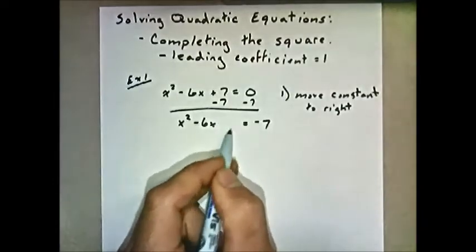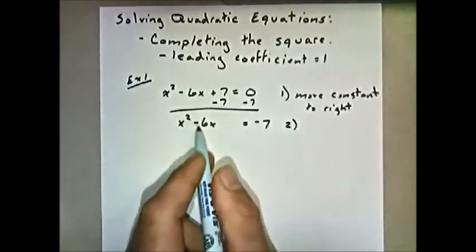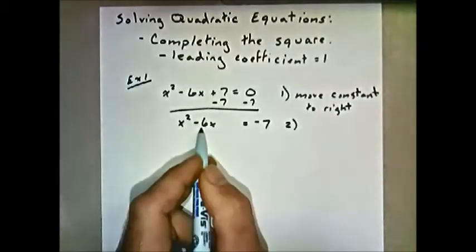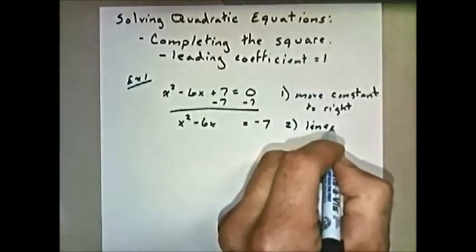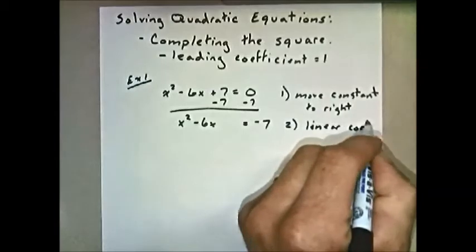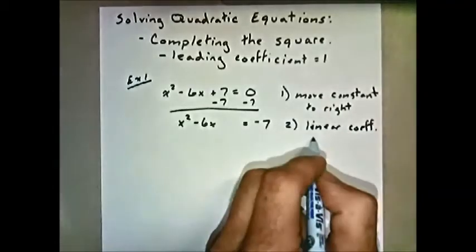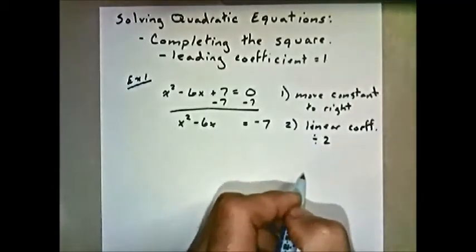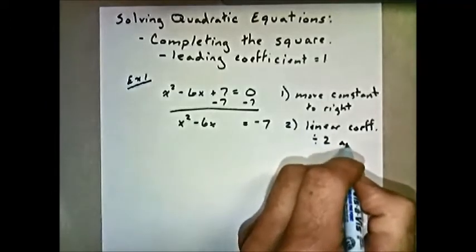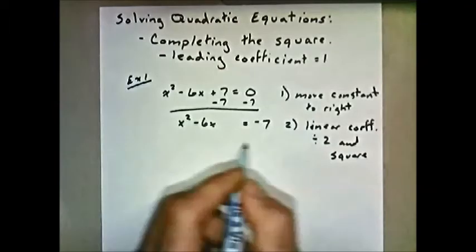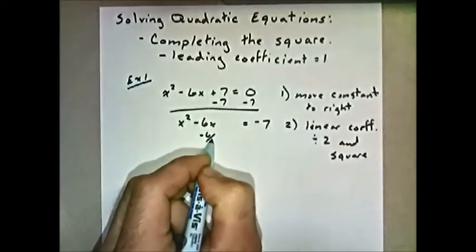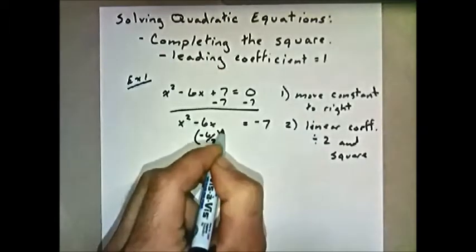To fill this space, we're going to take the linear term coefficient, divide it by 2, and square it. So negative 6 divided by 2, squared.